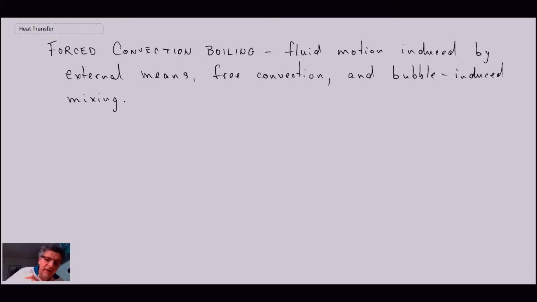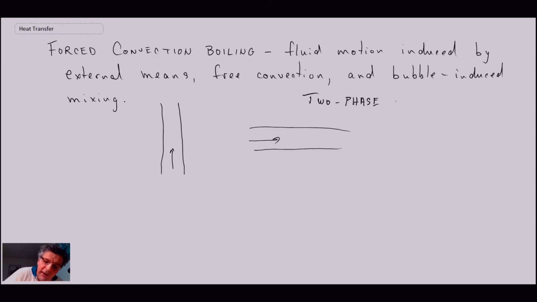It is rather complex, and it's going to vary depending upon whether your pipes are vertical with the fluid going vertically, or horizontal. We go through a phase change, and this is referred to as two-phase flow. The fluid mechanics here are quite complex, and we won't spend any time looking at it.